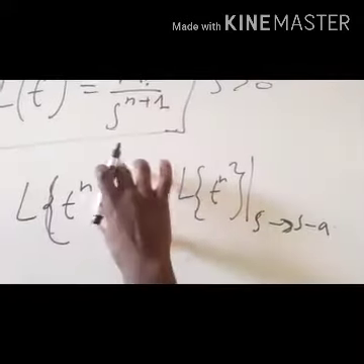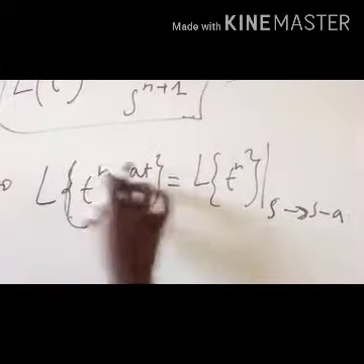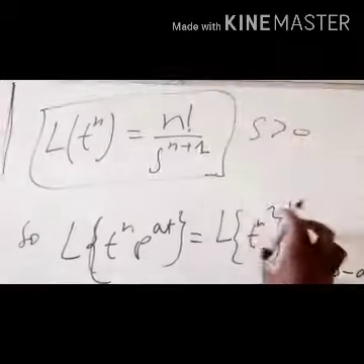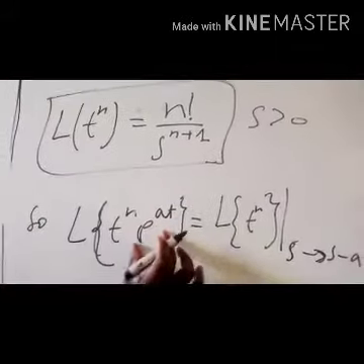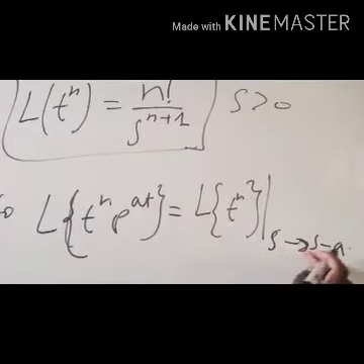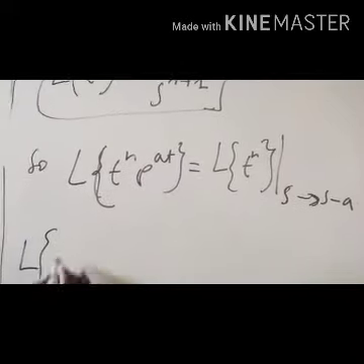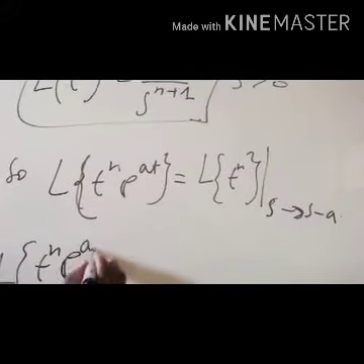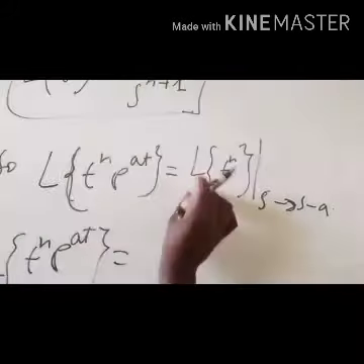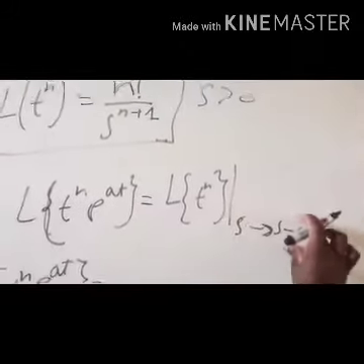For the general solution of the transform of t^n e^(at), you get the transform of t^n with s replaced by s minus a.